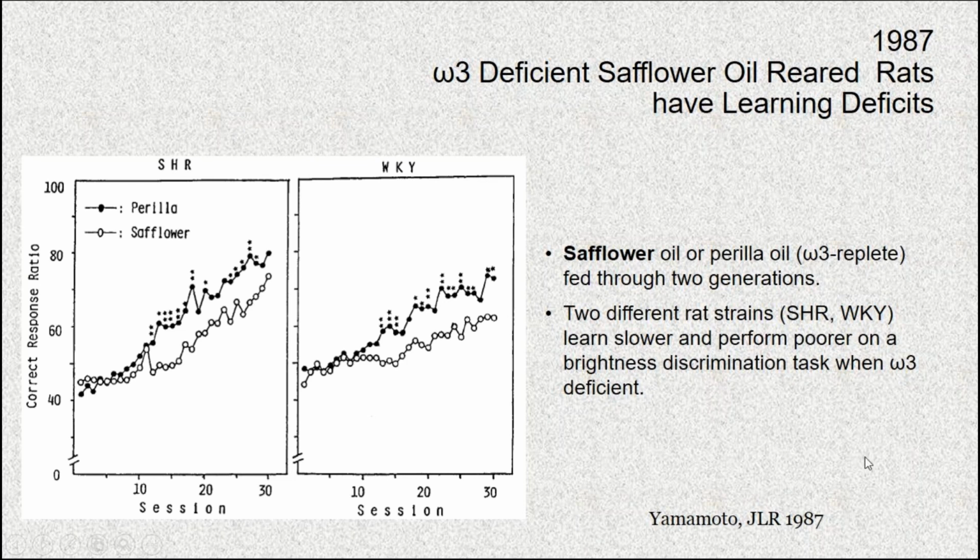I mean, realize that this is way back in 1987, and people are still conducting studies along these lines. There are many studies. There are 70, 80, 90 studies of this type that show more or less the same thing, that learning and discrimination and mood and a whole bunch of other things are actually a problem neurologically in omega-3 deficiency.